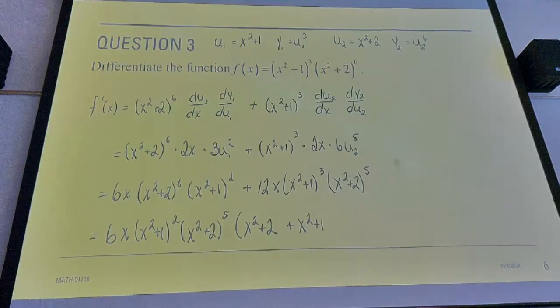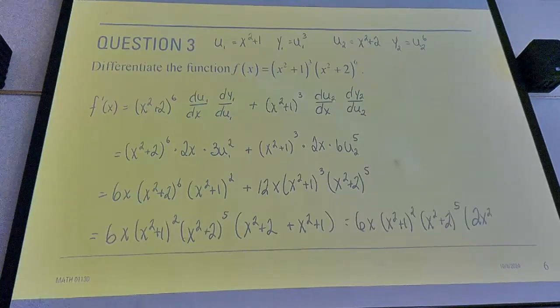And an x squared plus 1 from the second term. Two times x squared plus 1.